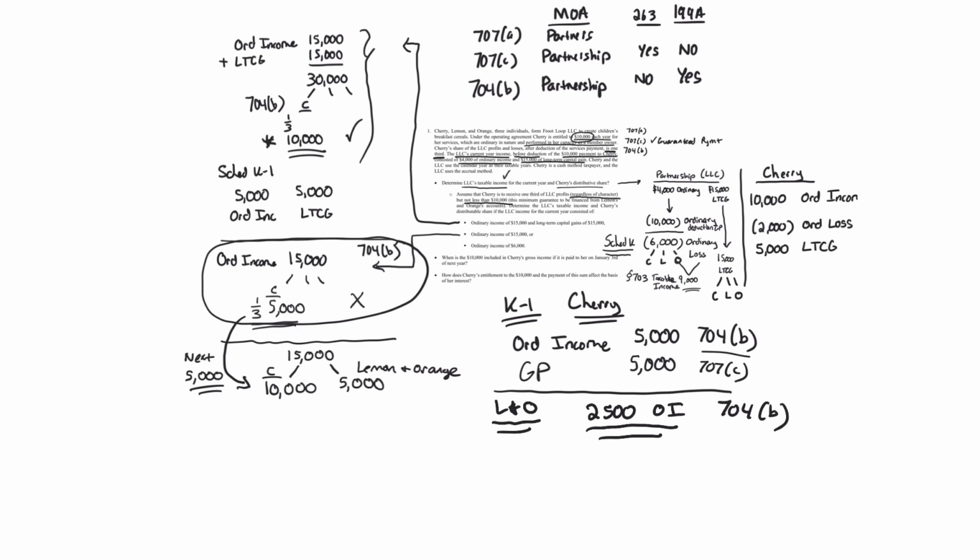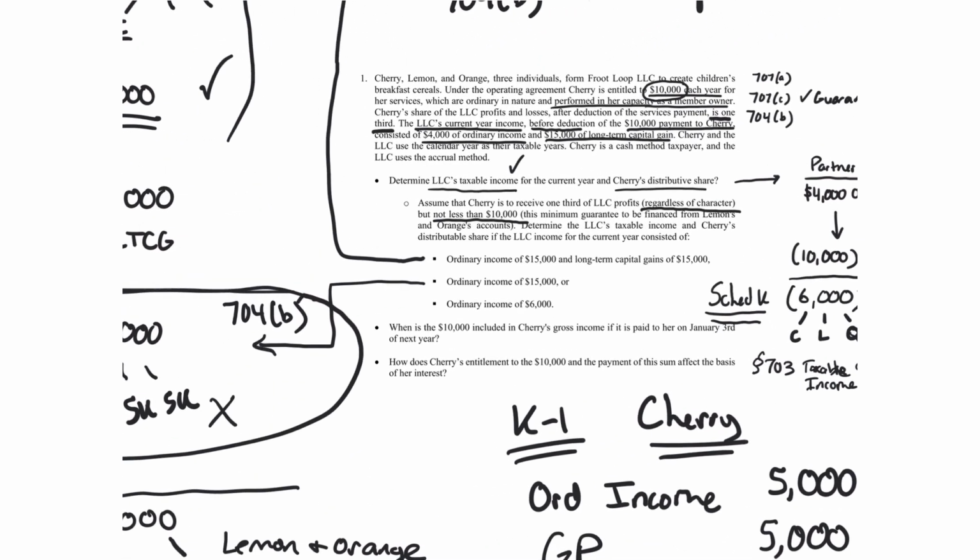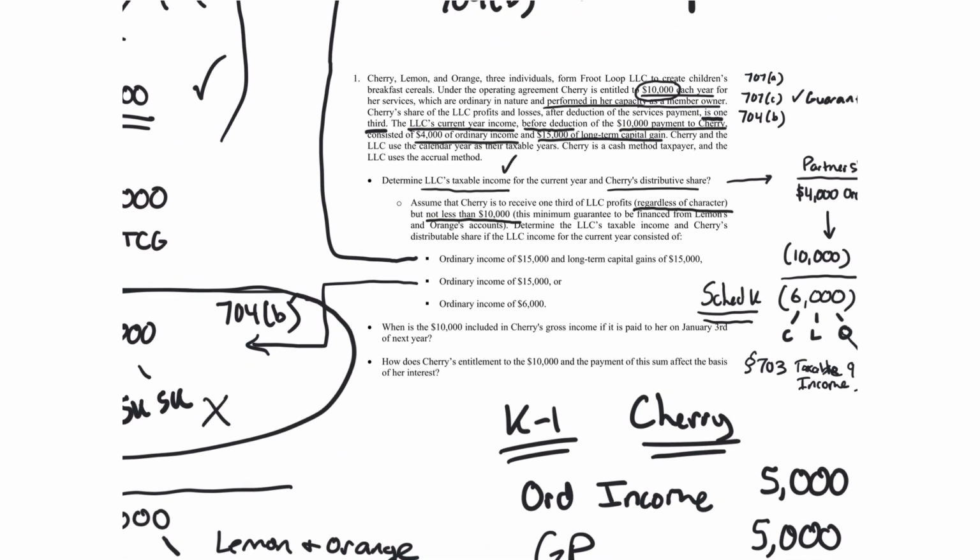And the idea there is they have $5,000 of net income each, right? Because if we broke up the distributive share, remember it was 5,000, 5,000, 5,000, but then the additional next $5,000 that was a guaranteed payment to Cherry came out of their share as it specifically tells us in the problem, it's financed from Lemon and Orange's accounts.